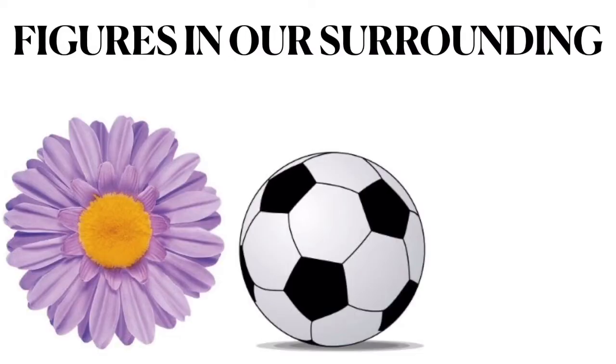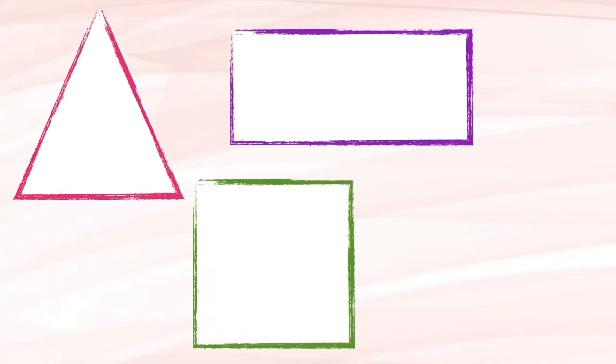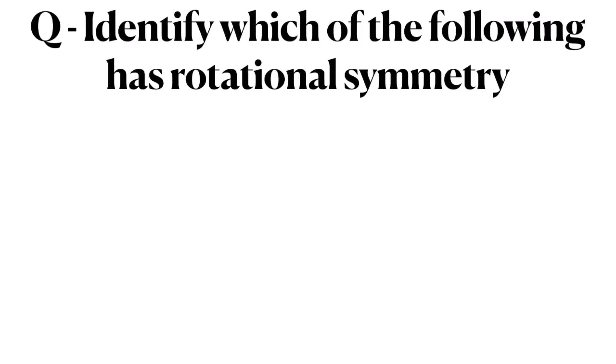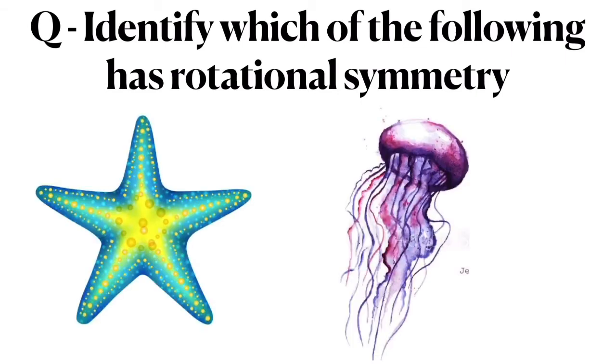Flowers, football, mobile, geometrical shapes like equilateral triangle, rectangle, square, circles and many more shapes show this type of symmetry. Now I ask you a question. Identify which of the following has rotational symmetry. Take your time and answer.